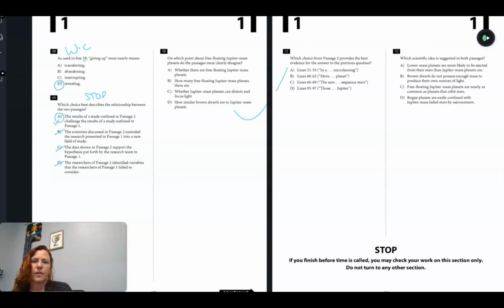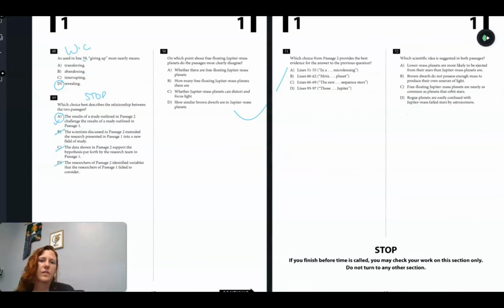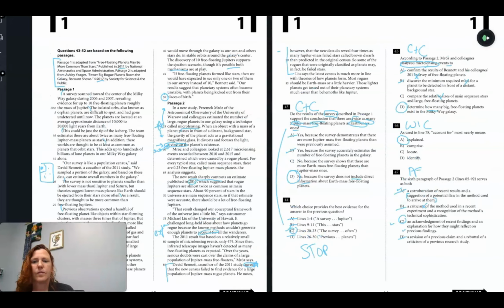Okay, 51 through 55. Let's see. In a new study, they estimated the number of large rogue planets in our galaxy using a technique called microlensing. So that just tells us what they do. 60 through 62. Ross and his colleagues looked at these microlensing events and determined which were caused by a rogue planet.